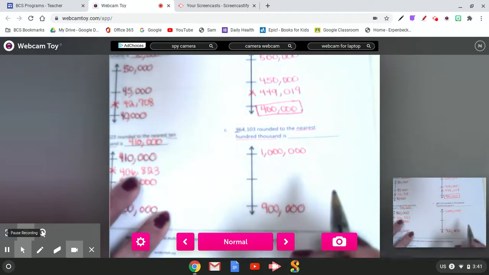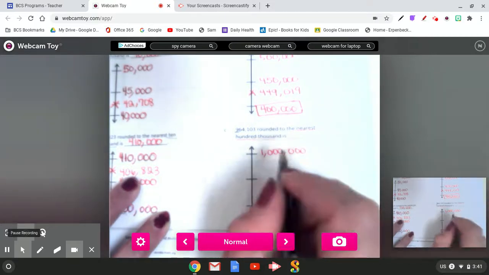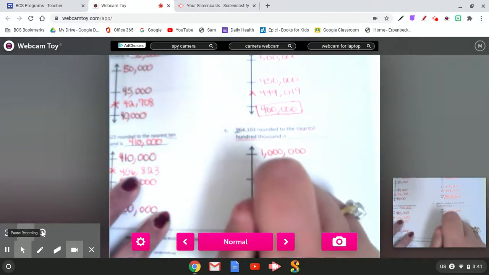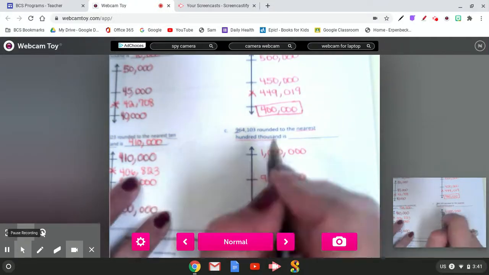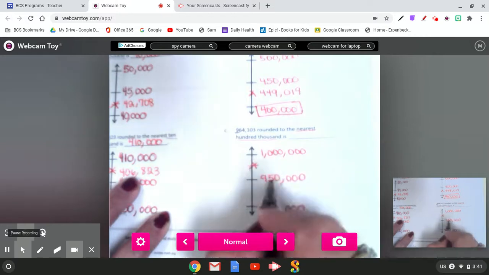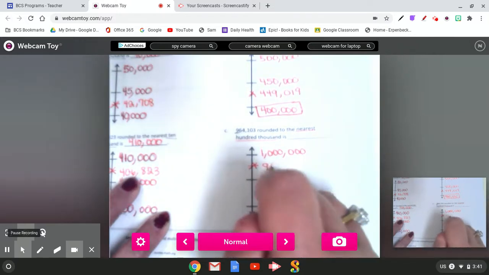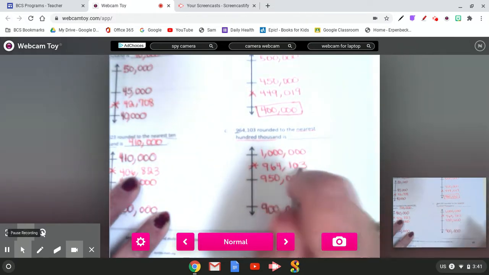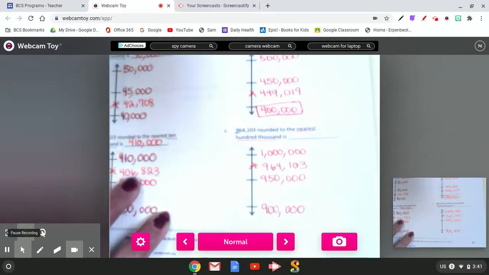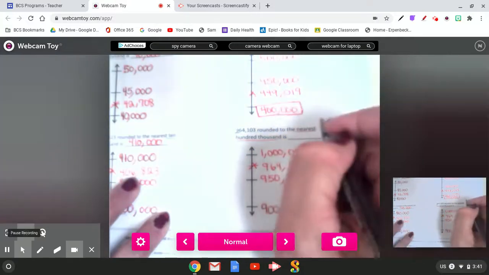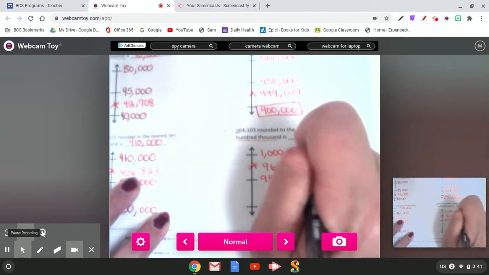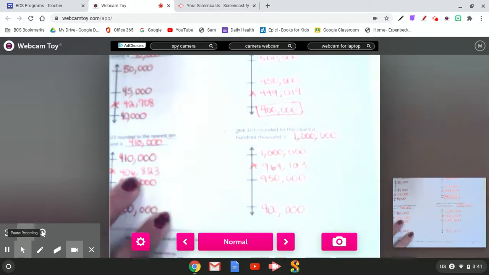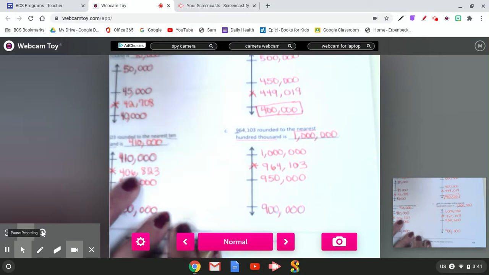So now we are finding the midpoint, 950,000. Then we're going to place our number that they've given us, 964,103. 960,000 is going to fit above the midpoint. Therefore, the final answer is 964,103 rounded to the nearest 100,000 is 1,000,000. Woohoo! Wish we had $1,000,000 to represent this.